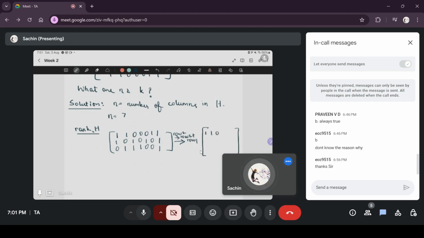That will give you 1 plus 1 0, 1 plus 0 1, 1 0, 1 1 0. Then you have to eliminate this one. For that you will do row 3 will change to row 3 plus row 2.